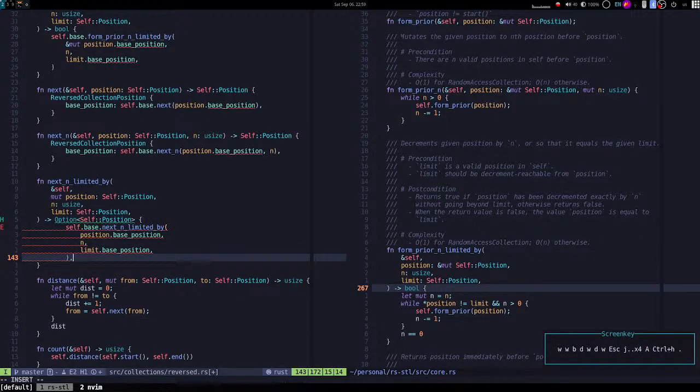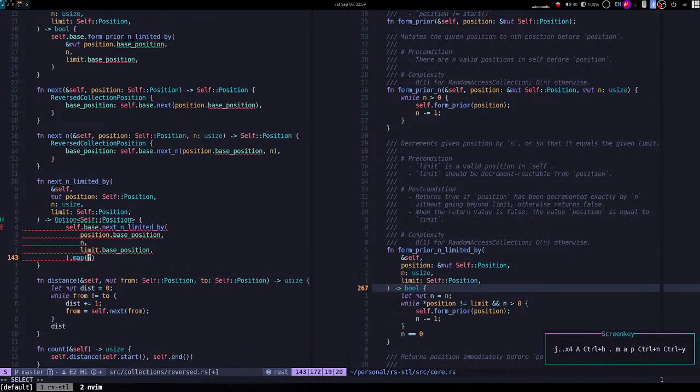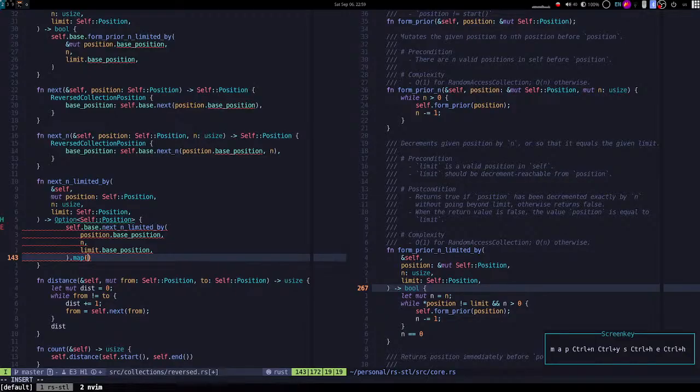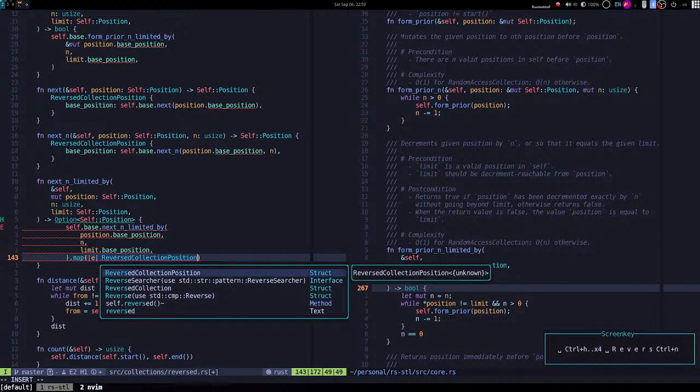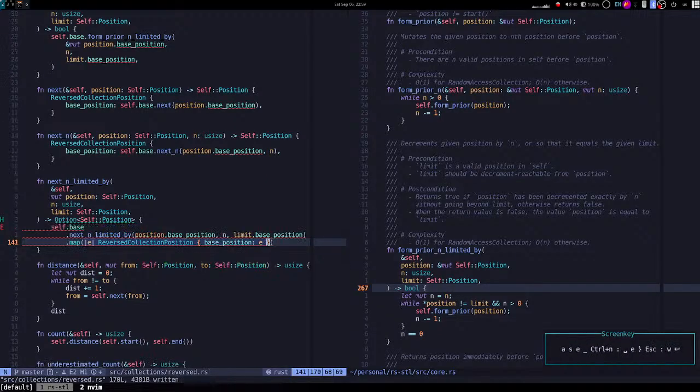And limited by this thing dot map E is basically reverse collection position base position of E, right? And that should be the thing, right?